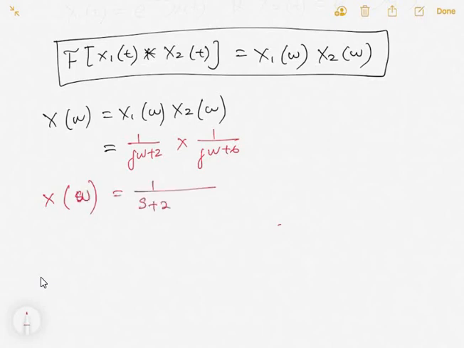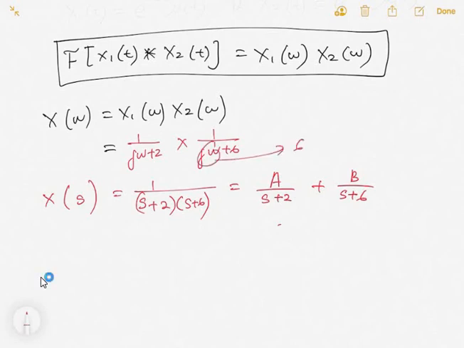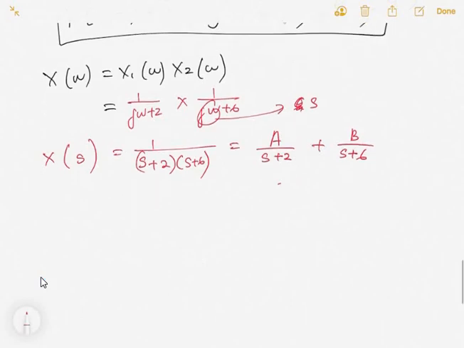So by using partial fraction expansion, you get 1 over (s plus 2)(s plus 6), so you will get A over s plus 2 plus B over s plus 6. So you assume here the j omega is s, so easy. So what is A?